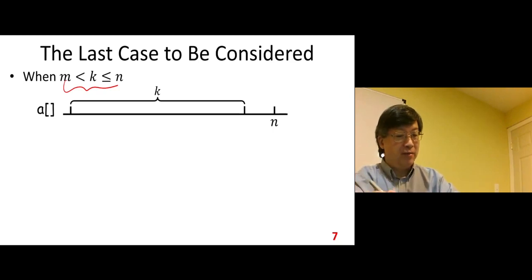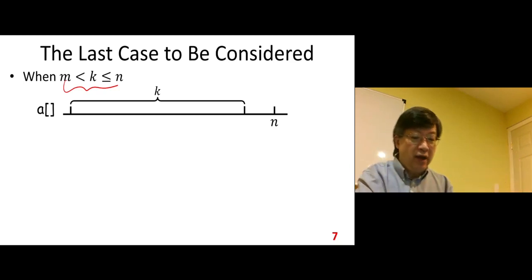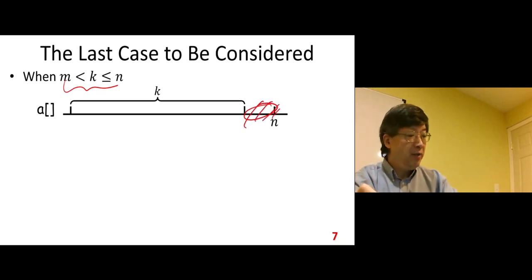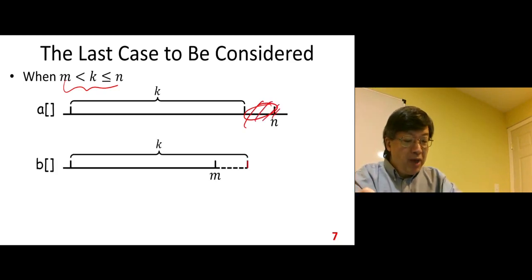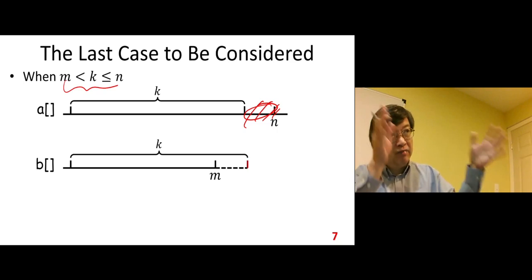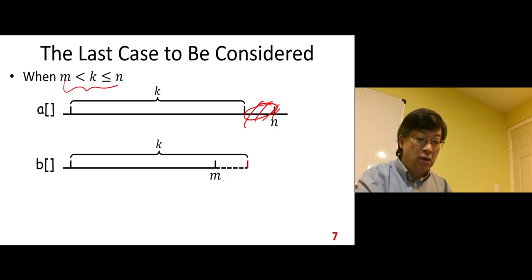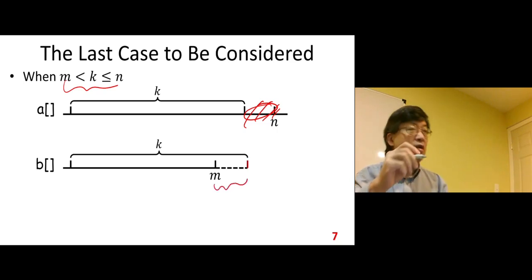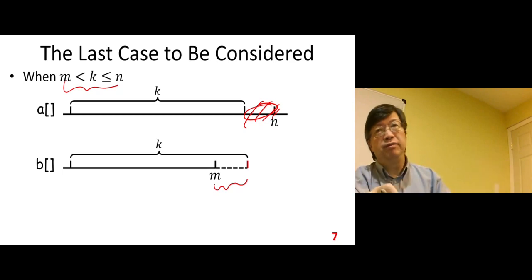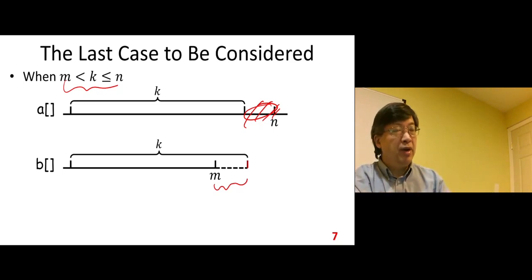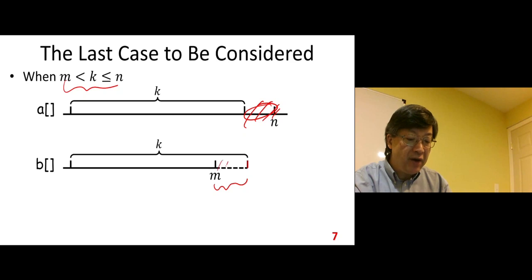From the A array, we can cut 8 elements. The remaining can be safely eliminated, right? But for the B array, if we try to cut the k portion, we know it is longer than the B array. So we won't have anything here, okay?